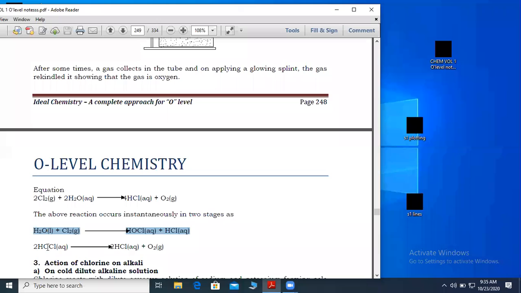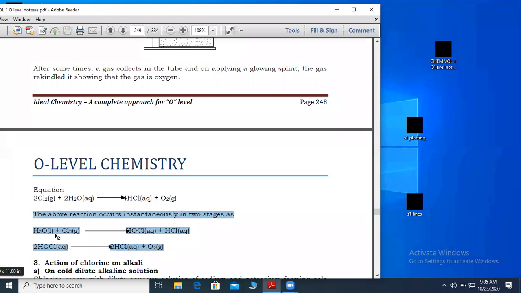Then the hypochlorous acid is the one that gives up oxygen, and we form oxygen plus hydrochloric acid. So let us go with these two equations. The first one here was got by adding these two together, but we can go with these two.